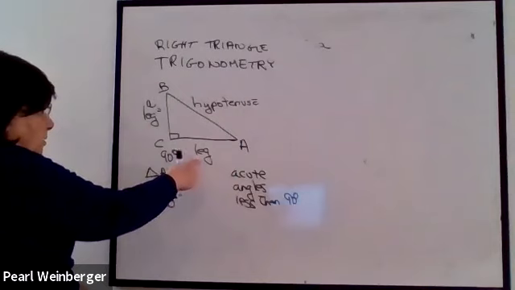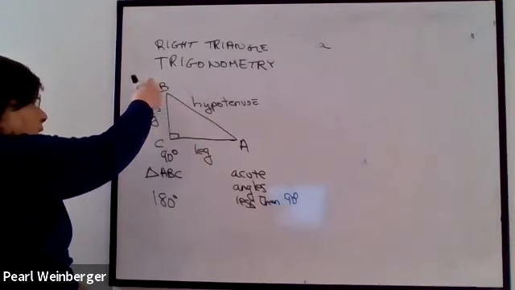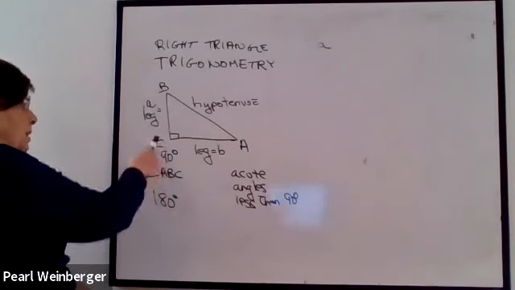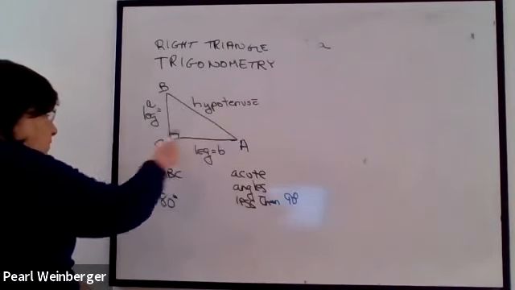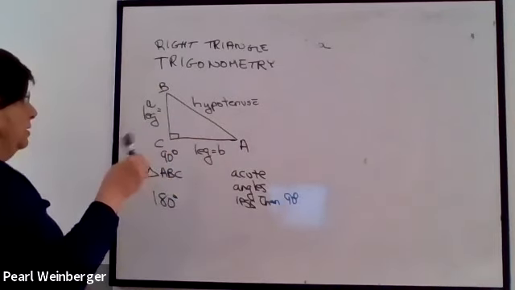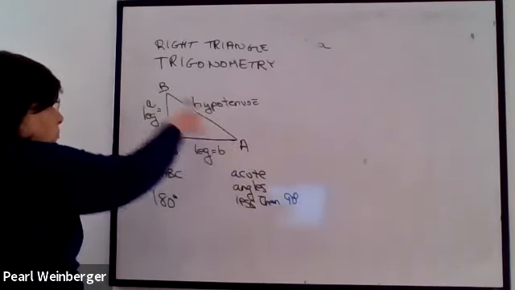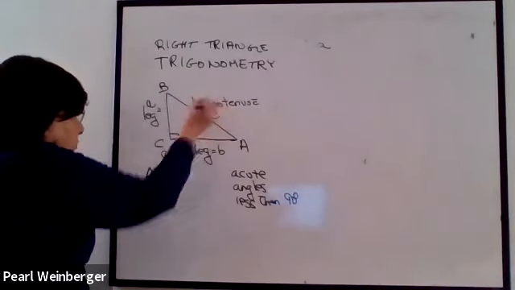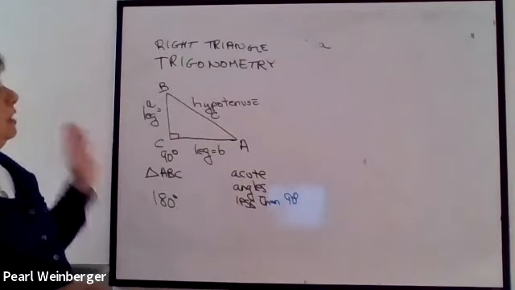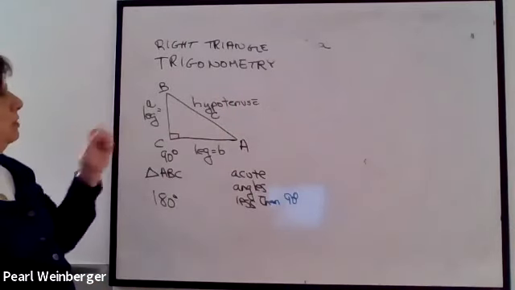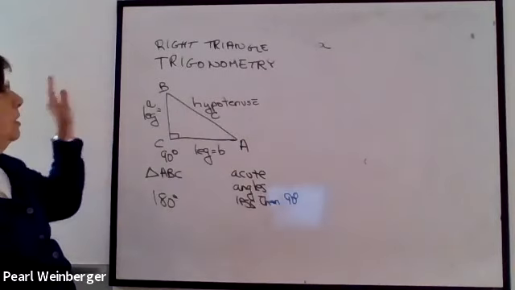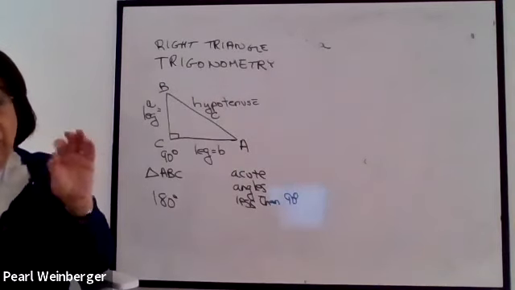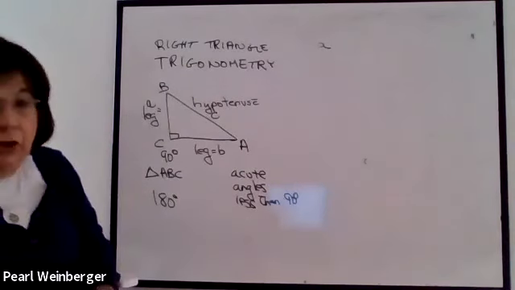This side, which is opposite to angle B, will be called small b. It's the one that goes from A to C. It's across from B, so it's side b. And the hypotenuse, which goes from A to B, is across from C, is called small c. It's much easier to say, look at side a, rather than saying, look at side BC. It's easier to use just a single letter. So we use lowercase letters for sides and capital letters for the angles.